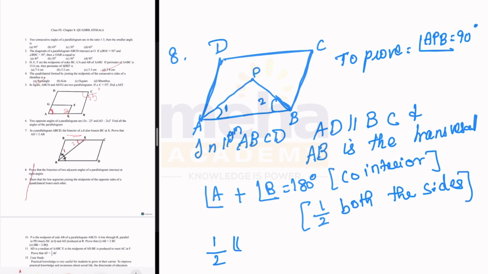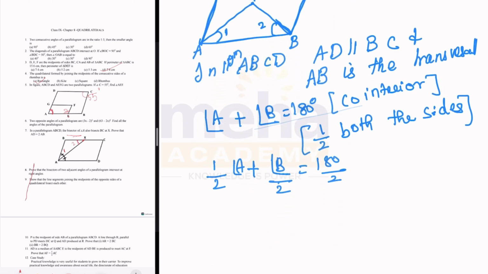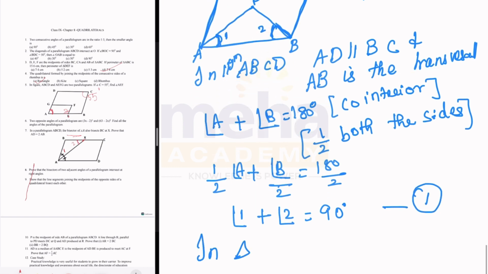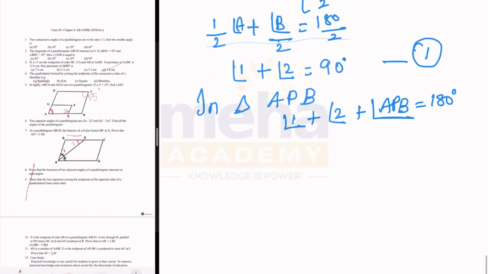So half of angle A plus half of angle B would be equal to 180 over 2. Half of angle A is nothing but angle 1. Half of angle B is nothing but angle 2. So angle 1 plus angle 2 is equal to 90 degree. Let us call this 1. Now in triangle APB, angle 1 plus angle 2 plus angle APB is equal to 180 degree because of the angle sum property of a triangle.